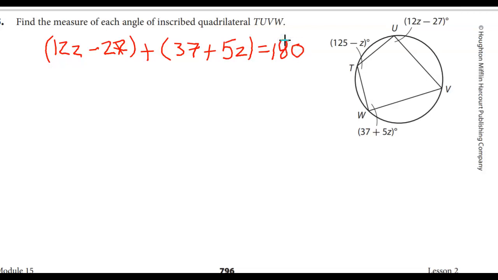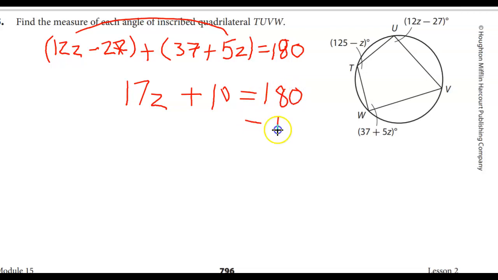We just combined like terms, and that's how I rewrote it. 12z plus 5z gives me 17z. Negative 27 plus 37 gives me 10. So 17z plus 10 equals 180.